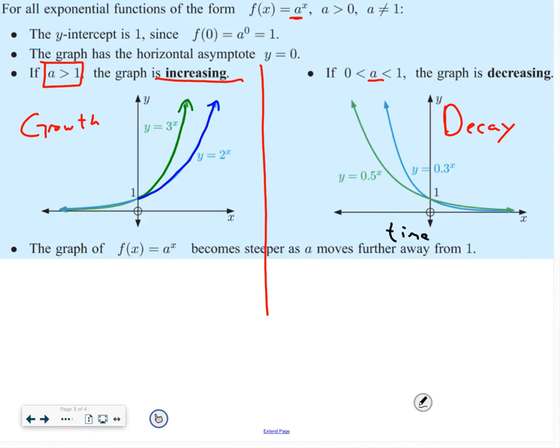As we keep repetitively multiplying by 1/2, things are going to get smaller and smaller as we go off in that direction. Same thing with 0.3. If we keep multiplying a value by 0.3, it's going to get smaller and smaller. So you can see it's a negative slope graph for decay, and a positive slope graph for growth.